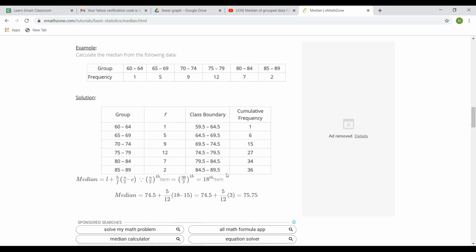So 27 and less than 27, the 15 is the preceding cumulative frequency. So 18 minus 15. Now after calculation, we found the median of the data is 75.75. So you can check it easily. The median, the 18th value of the data, is 75.75, or the 76th item of the data, 76. So this is our answer.